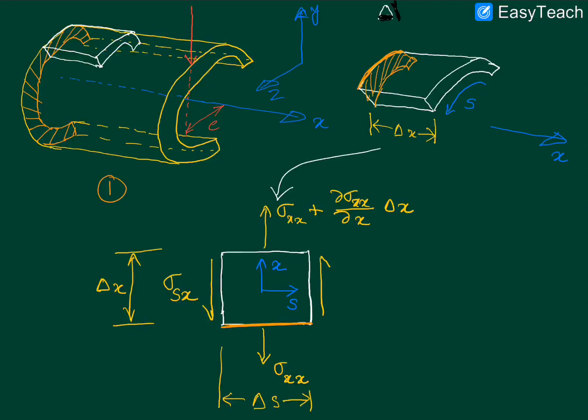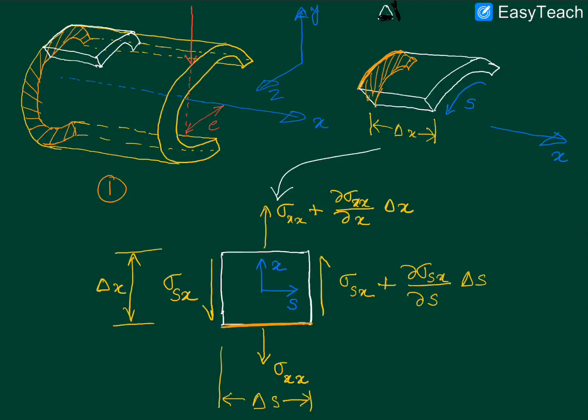Consequently, just like we have depicted the sigma xx through an increment of del sigma xx del x delta x, here we are going to represent this vertical shear stress component through sigma sx plus del sigma sx del s, because now we are moving along the s direction, times delta s.